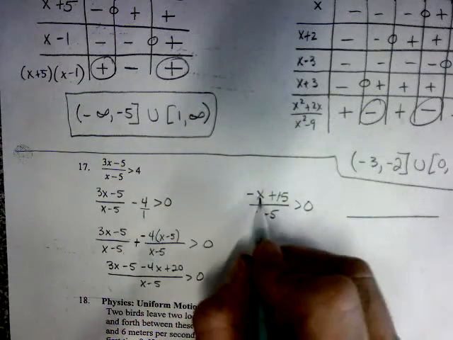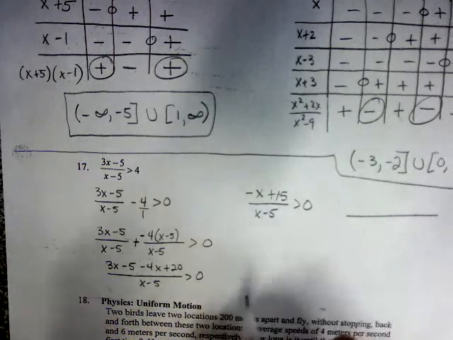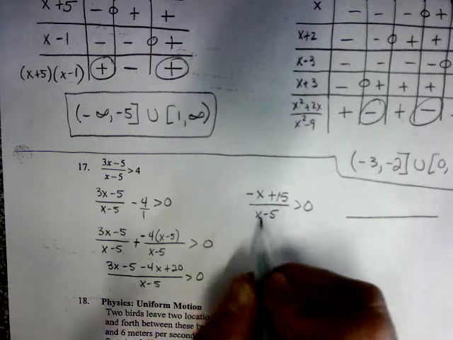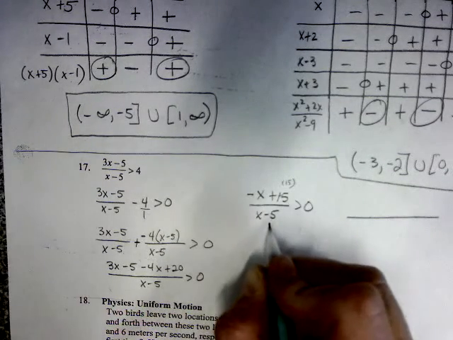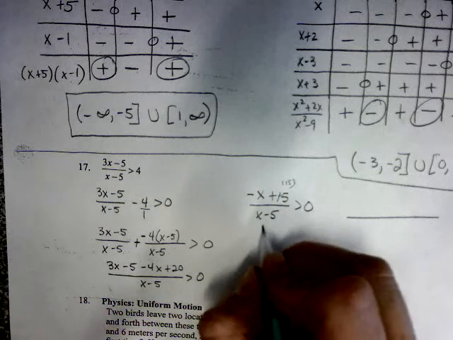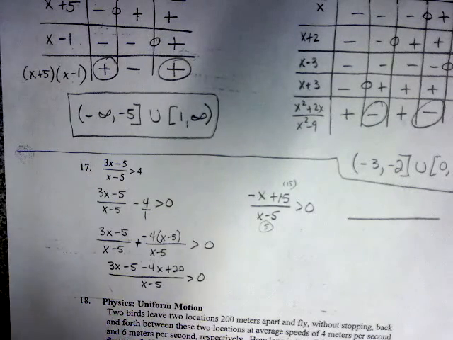My zeros, okay, what's going to make this 0? If I substituted in 15, I would get 0 because the opposite of 15 is negative 15. So this 0 is going to be 15, and this 0 is going to end up being a 5. So 5 minus 5 is 0.